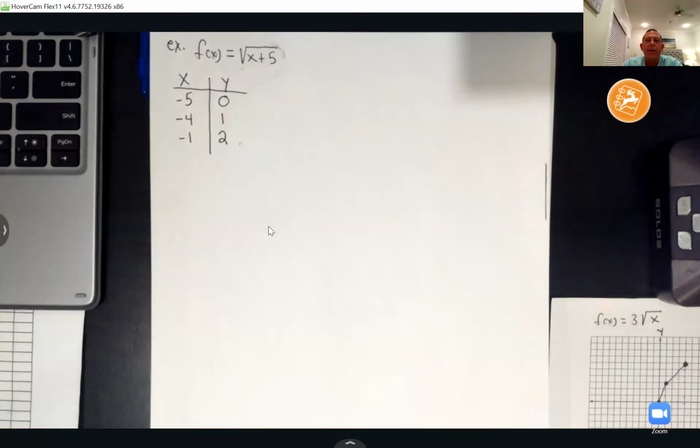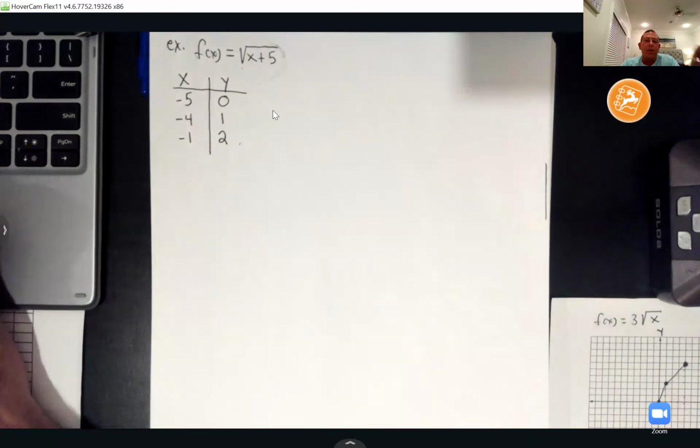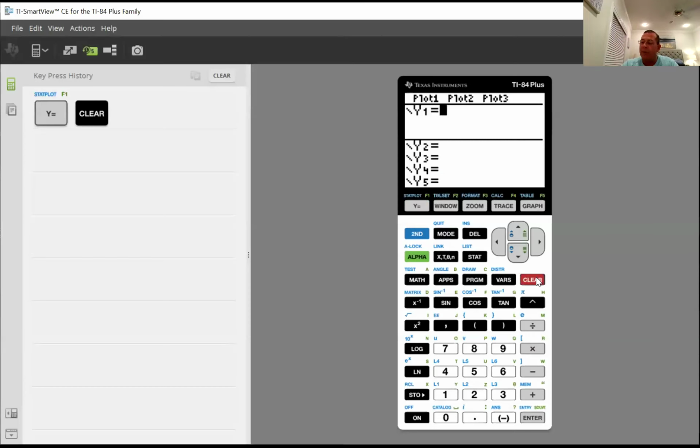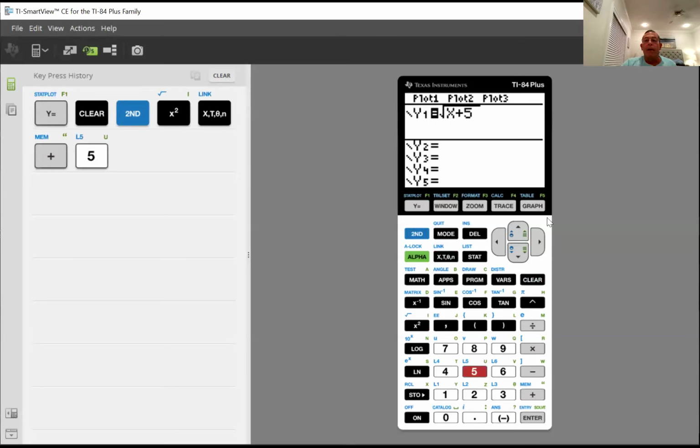Now the calculator, like I said, you can go right to the table. So let me clear that out. And I had a square root, so second square root. And then I had an x plus 5. All righty, so let's look at the graph.